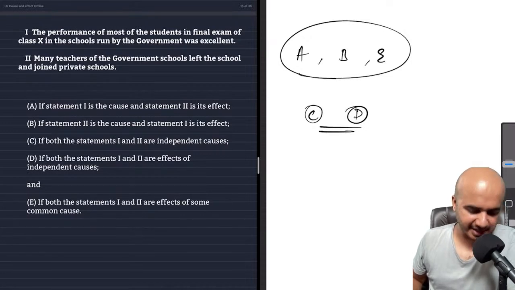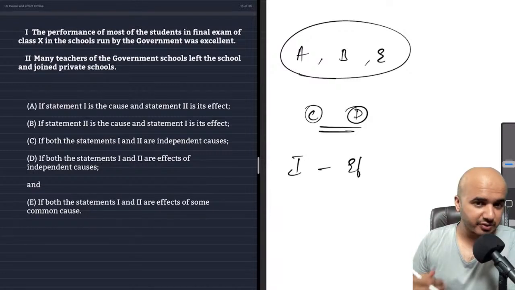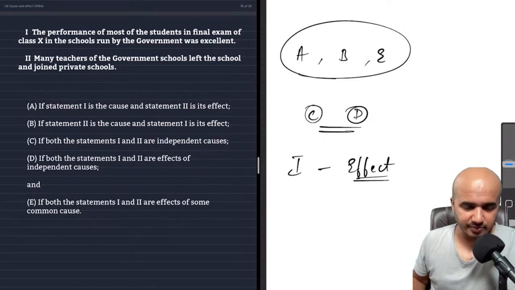Now C says both statements 1 and 2 are independent causes. The performance of most of the students in the final exam of class 10 in the schools run by the government was excellent. Statement 1 looks more like an effect of something. Maybe because the government school teachers were teaching very well, the students scored good marks. That might be the effect. In the case of statement 2 also, many teachers of the government schools left the school and joined private schools.